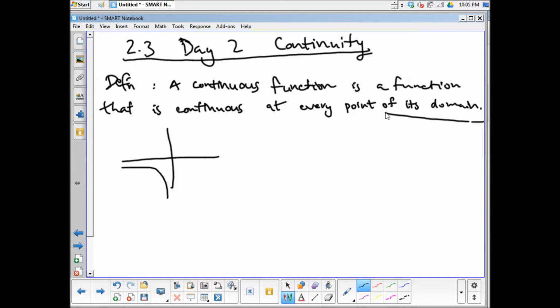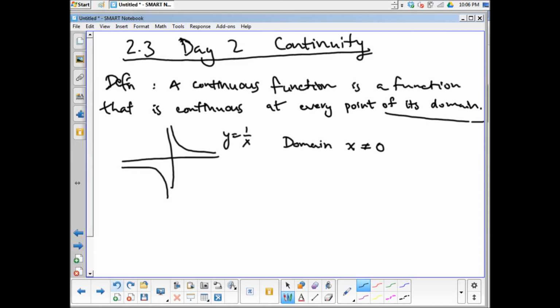This is a function again that you should have memorized by now. This is the y equals 1 over x graph, right? You would think maybe that this is not continuous as a function because it has a vertical asymptote for one thing. But if you look at the actual domain for this function, it's x cannot equal 0.